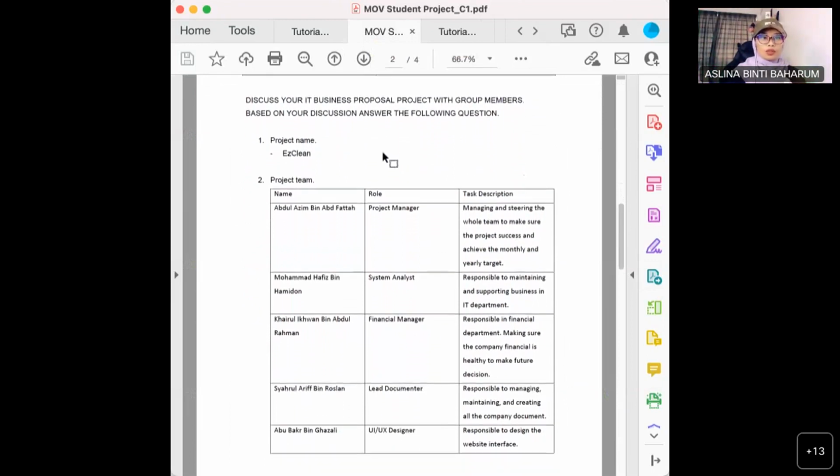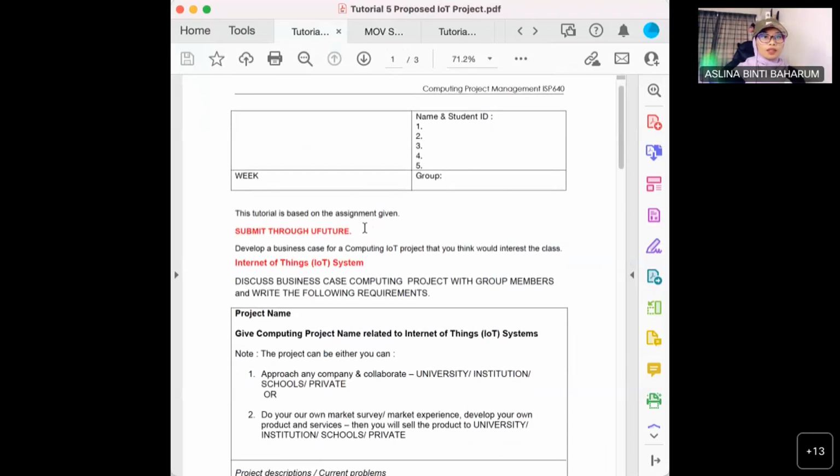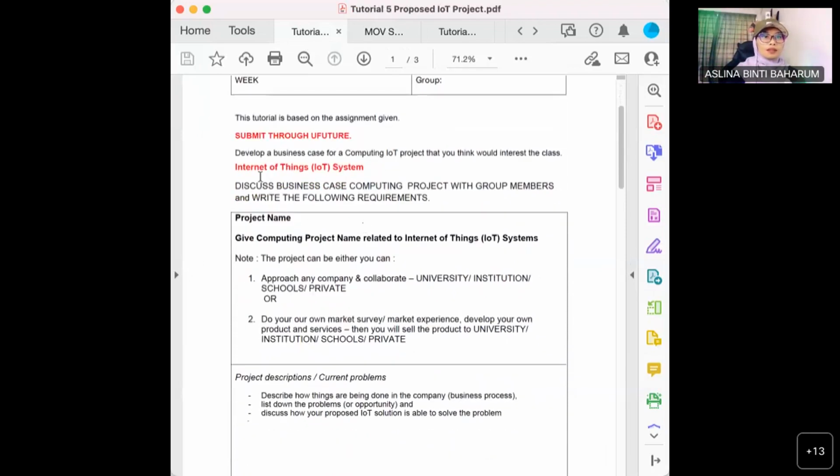Our project should relate to IoT. For this semester, our theme is IoT system. So what we will do today is you need to open tutorial 5 in UFuture. I already uploaded it. Develop a business case for a computing IoT project that you think will interest the class.